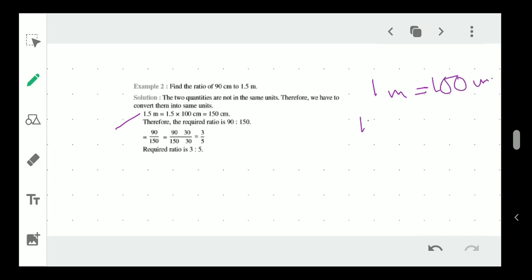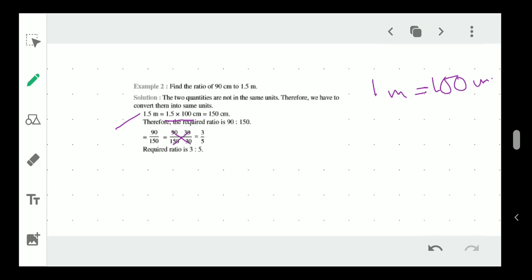So that means 1.5 meter will be 100 into 1.5, right? So they have multiplied 1.5 into 100. Now we have to find the ratio. So now both are in centimeter, so they have done the ratio.